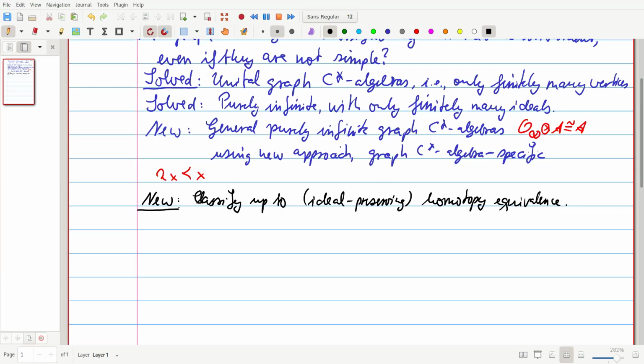And this homotopy equivalence is a result for a single graph and getting maps back and forth, which then, when you compose, are homotopic to identity maps. And all these things are such that you know what happens on the ideals. The fact about ideals is really an afterthought because the K-theoretic invariant that we are going to use determines the ideal structure.